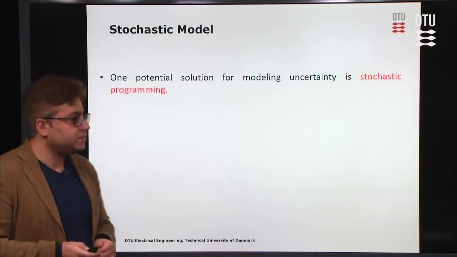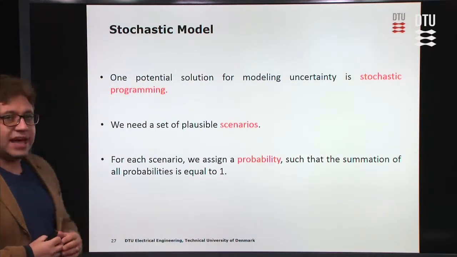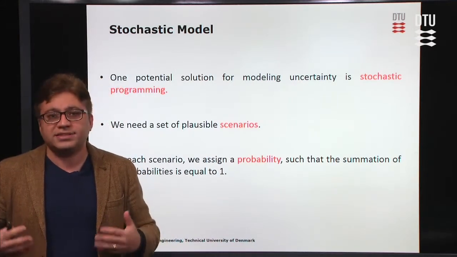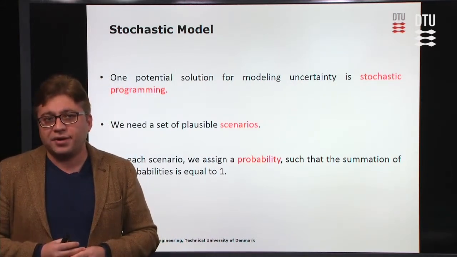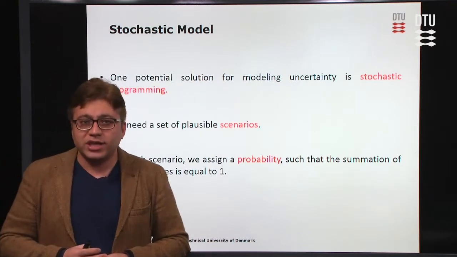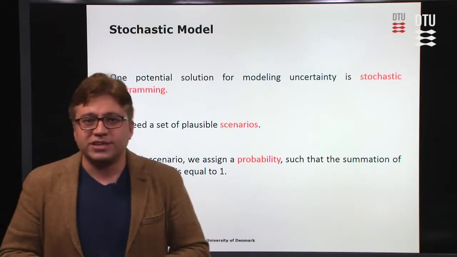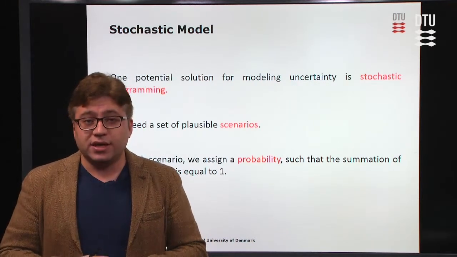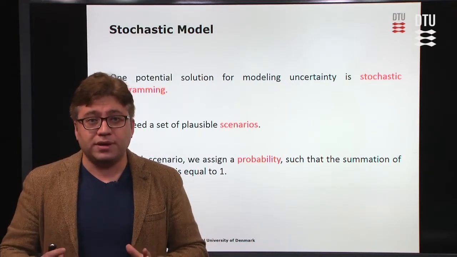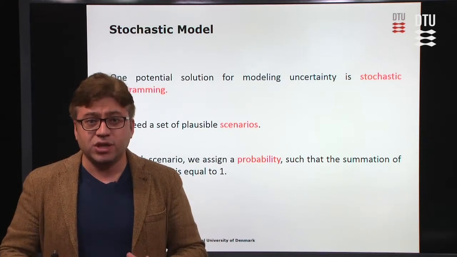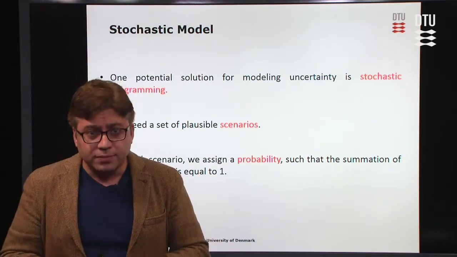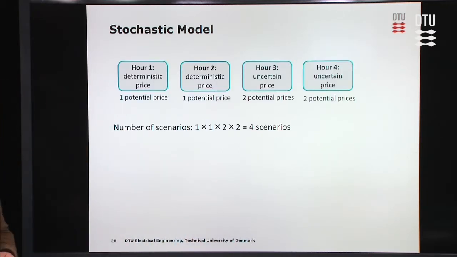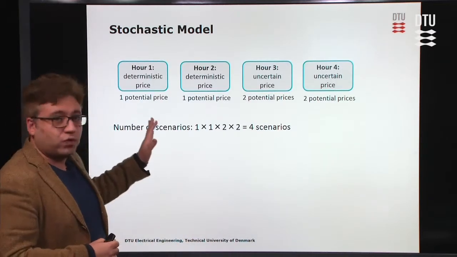What does it mean? In this technique, we need a finite set of plausible scenarios, and for each scenario, we need to assign a probability. Of course, the summation of the probabilities for all scenarios should be equal to 1. In our case, remember, we had 4 hours.